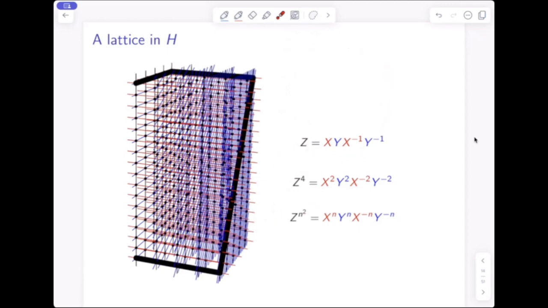And so the shortest path between 2 points contains at most 16 vertical edges. So if you have 2 points that are 1,000 or 10,000 units apart, most of the path between those 2 points consists of red edges in the x direction and blue edges in the y direction. Okay? So this gives us a metric on the graph.